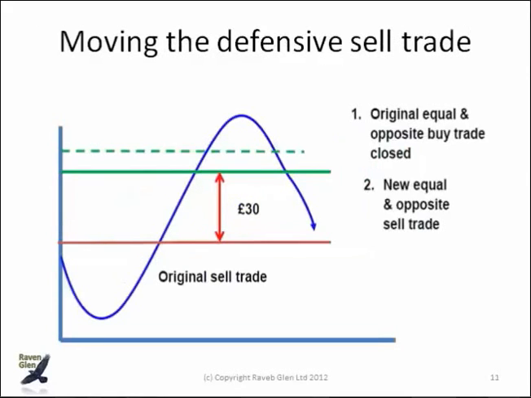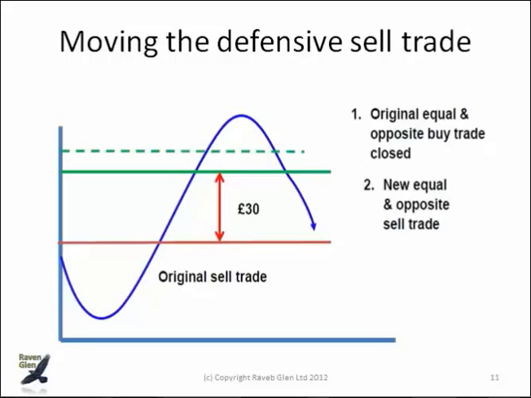Once again, time has moved on, and eventually the price has turned back in our favour. And the original defensive trade, shown by the dotted line, has been taken off when it was still in profit. The prices have been allowed to continue to fall, and then a new equal and opposite sell trade has been placed.